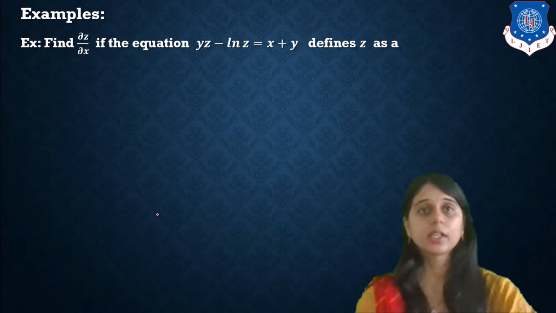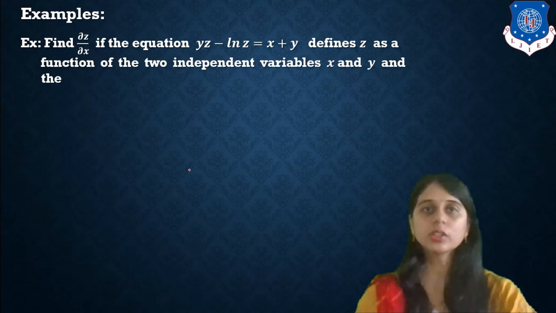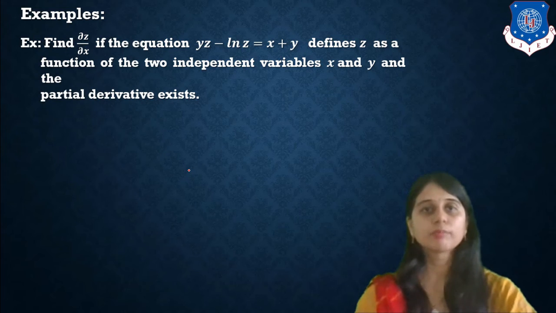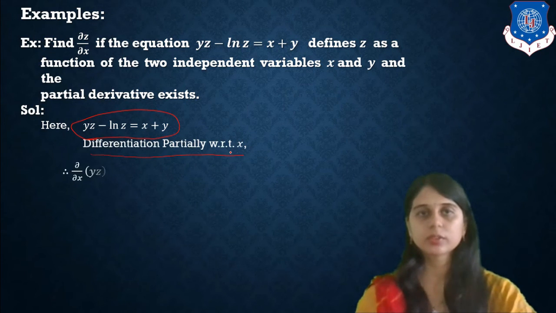Find del z by del x if the equation yz minus ln z, natural log z, equals x plus y defines z as a function of the two independent variables x and y and the partial derivative exists. Solution: yz minus ln z equals x plus y, differentiate with respect to x.